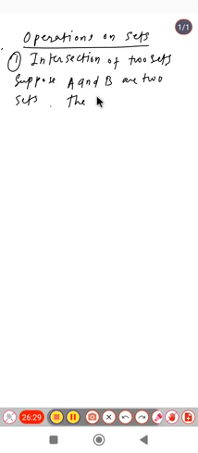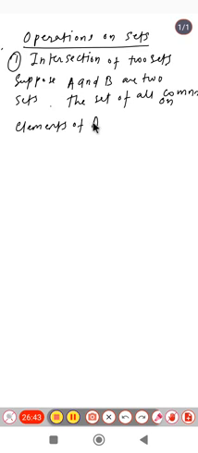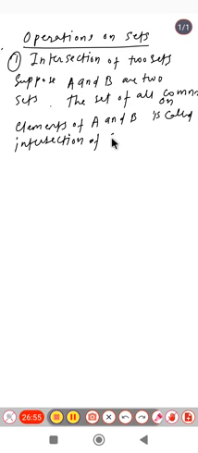The set of all common elements of A and B is called the intersection of sets A and B.